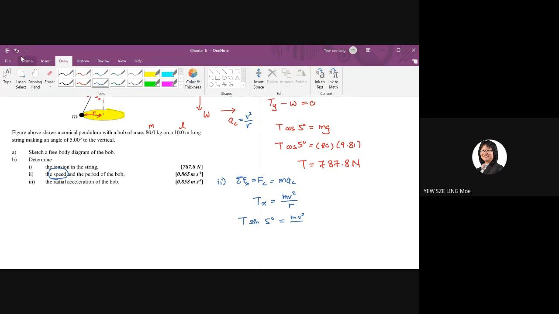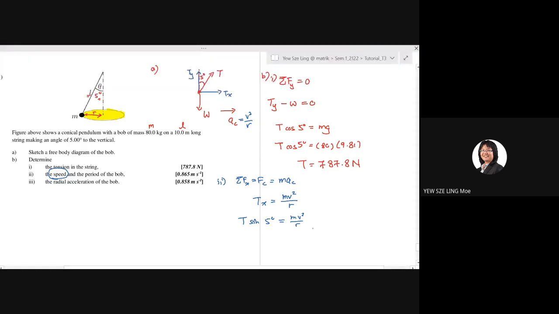So plug in the values. T is now 787.8, so 787.8 sine 5 degrees equals m, which is 80, times v squared divided by R. Aha, now I don't have R. But based on the diagram given, I can find R. Why? Because now I have a right angle triangle like this.